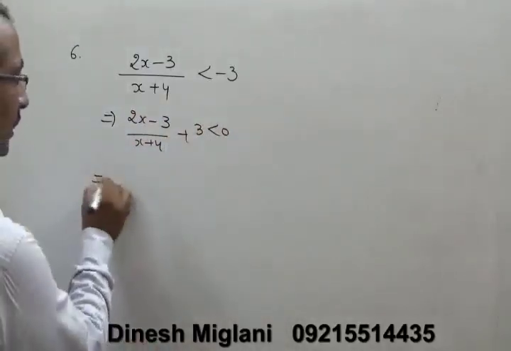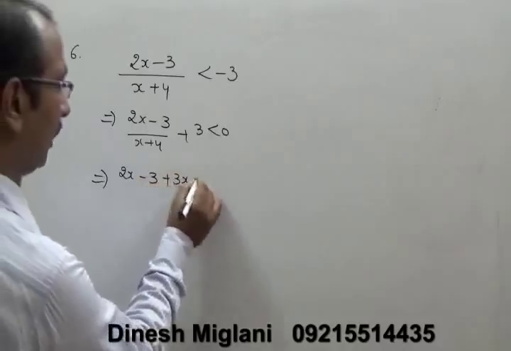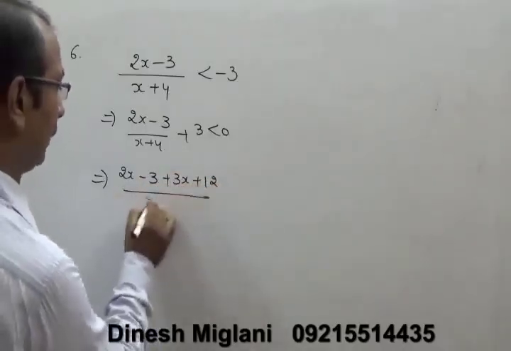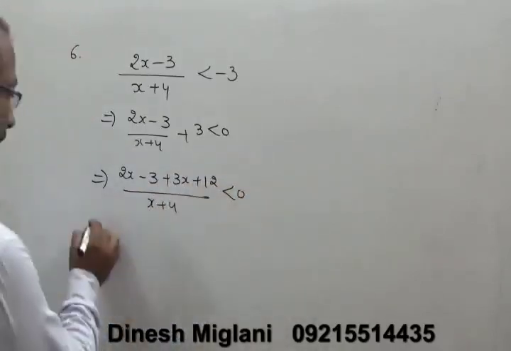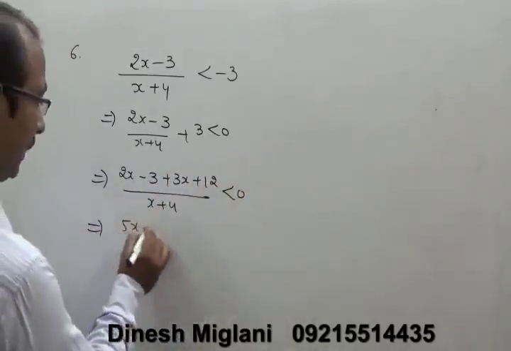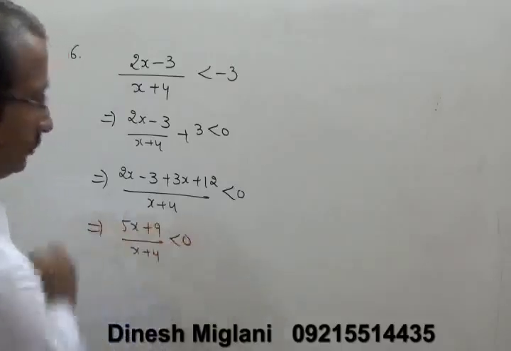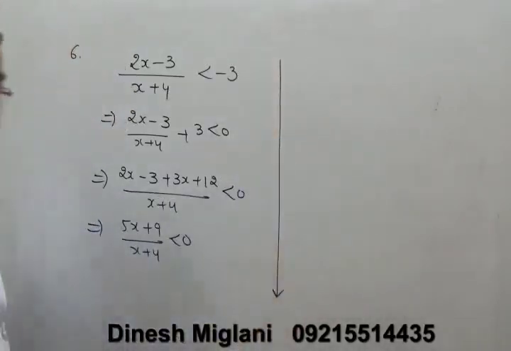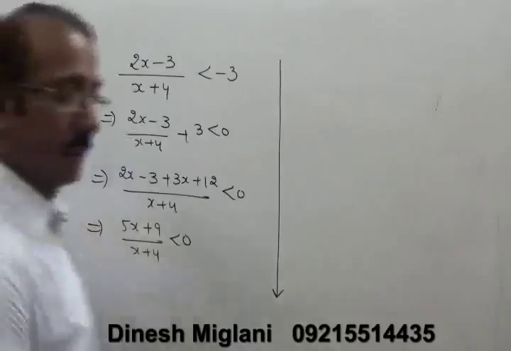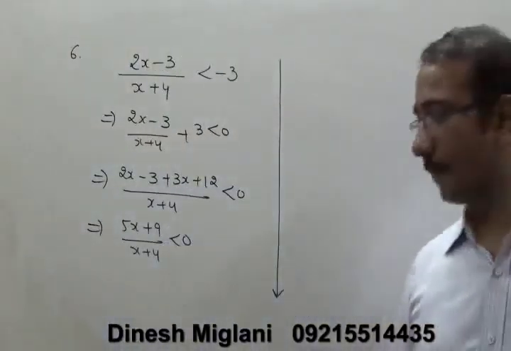Take the LCM, make it as (2x minus 3 plus 3x plus 12) upon (x plus 4), that to be less than 0. Right? Then I can make it as (5x plus 9) upon (x plus 4) to be less than 0. Now this question is perfect for the concept of the wavy curve.